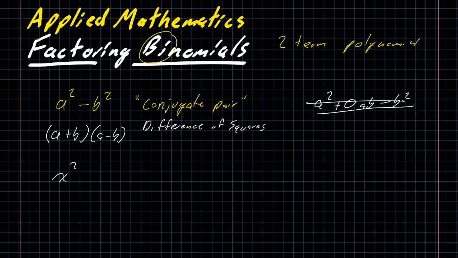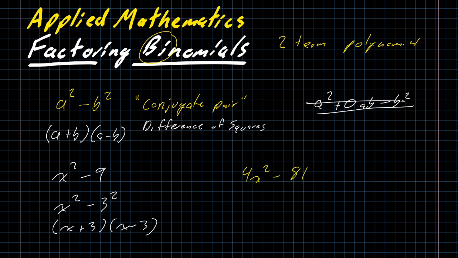So if I have something like x squared minus 9, I recognize that 9 is 3 squared, and I know that this is going to factor to x plus 3 times x minus 3. That's all there is to it. If I have something that's a little bit more complicated, 4x squared minus 81.